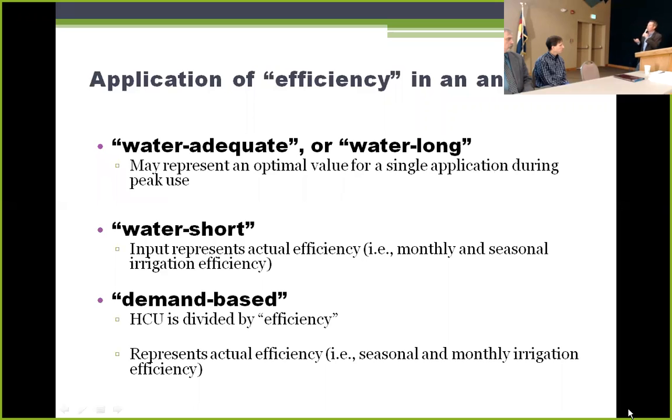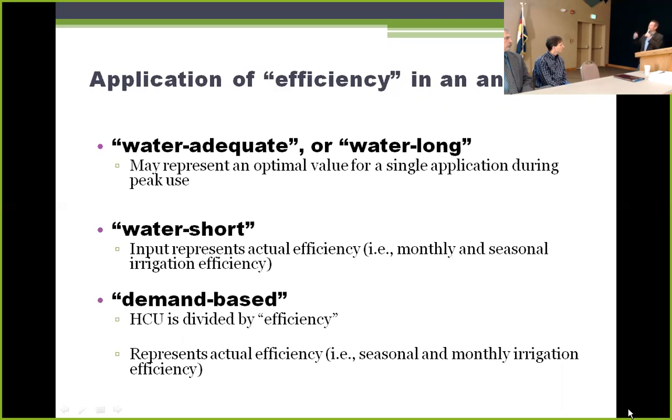But when we're water short, that efficiency value may actually represent the actual efficiency, since we're limited by the supply. The same thing applies with the demand-based analysis where the HCU is often divided by the efficiency. What we're saying is that we know what the actual efficiency is, and that efficiency assumption represents the actual efficiency of the system, and maybe not the maximum as we might use it in other contexts.